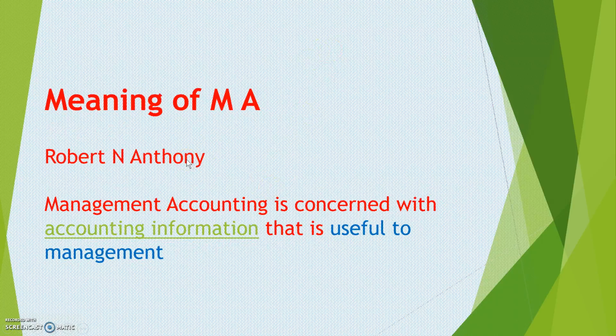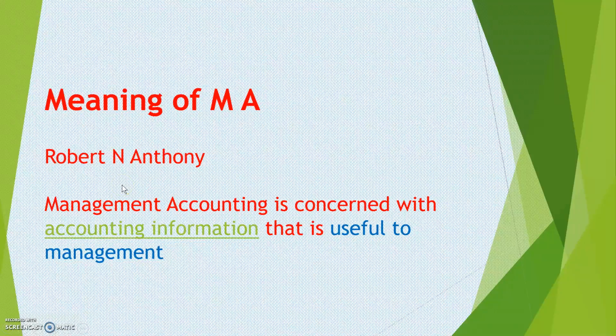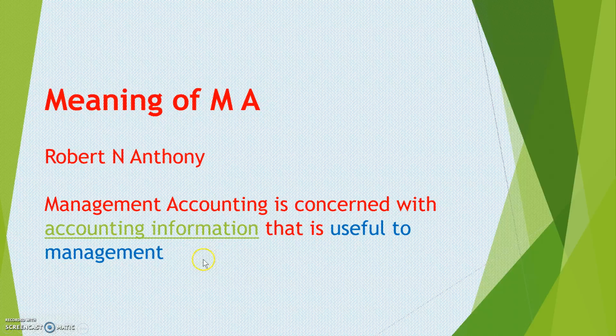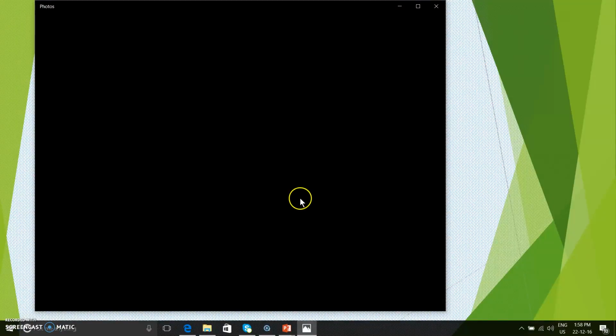Now, the meaning of management accounting as defined by Robert and Anthony. Management accounting is concerned with accounting information that is useful to management. And what is accounting information? Now let us see this accounting information.